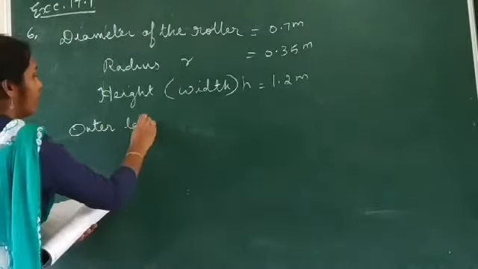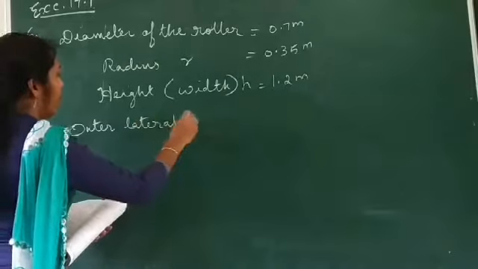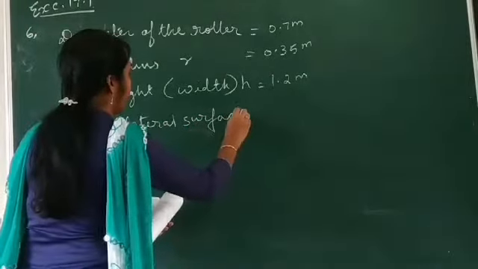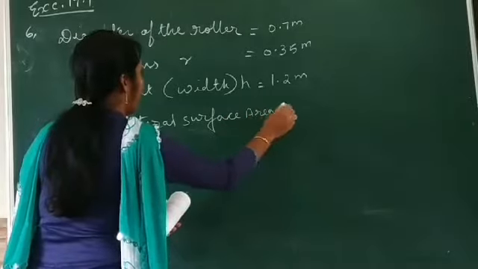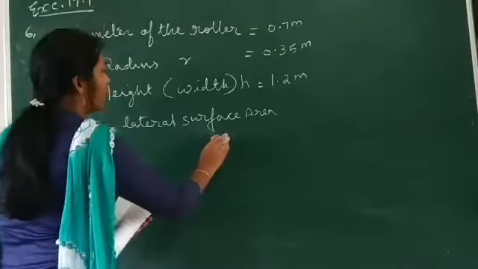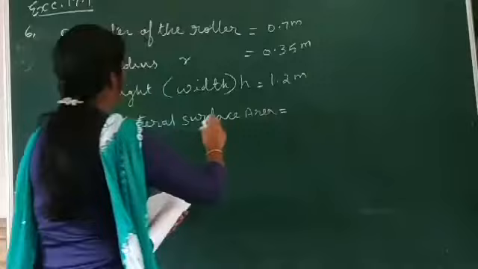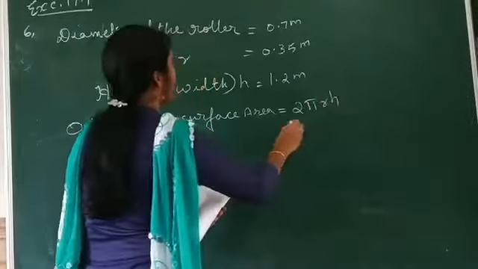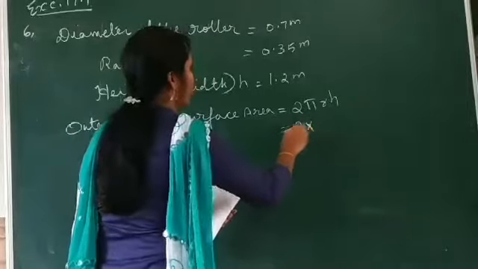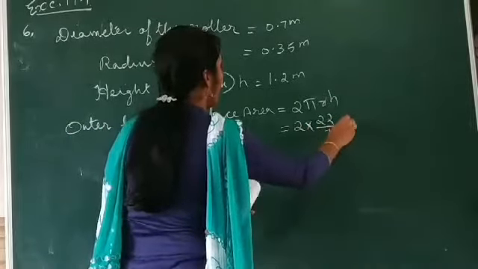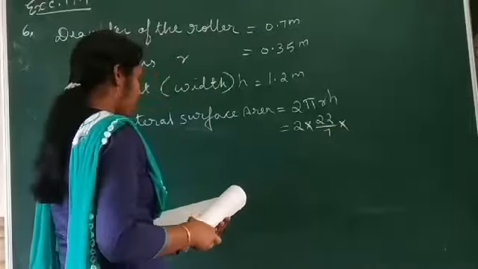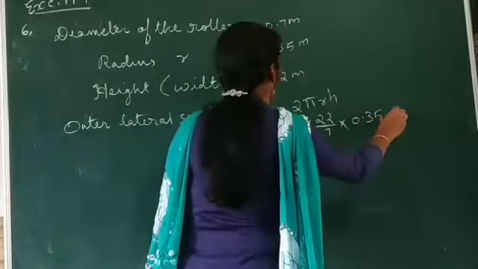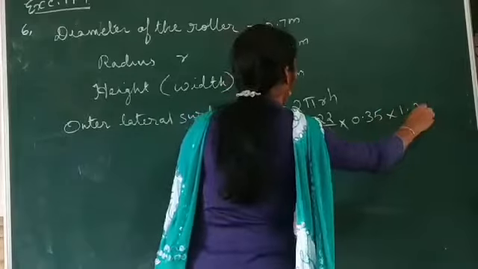We have to find out the outer lateral surface area. That is equal to 2 pi r h, that is equal to 2 into 22 by 7 into radius 0.35 into 1.2.